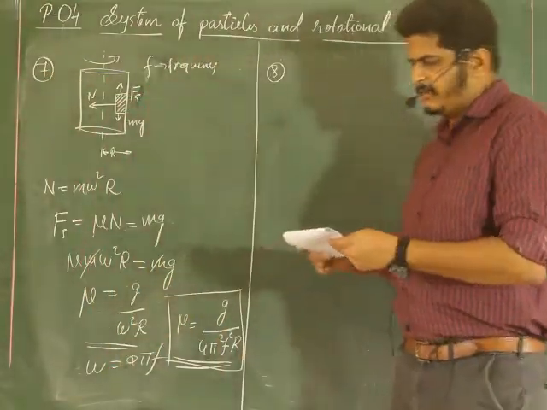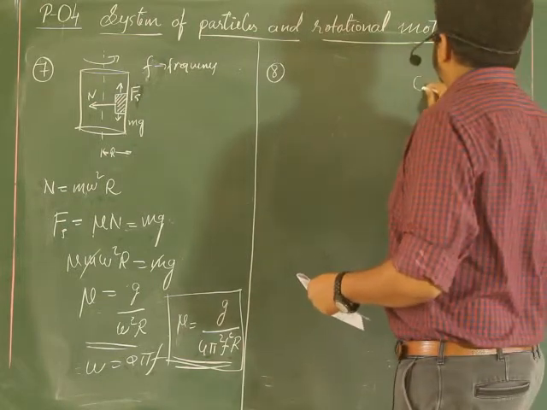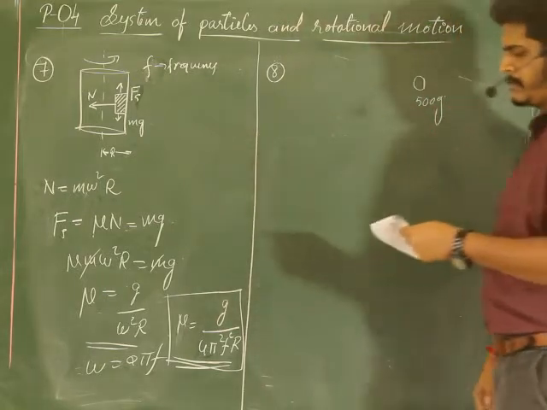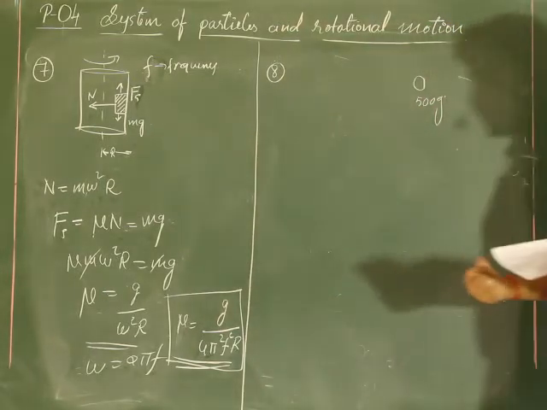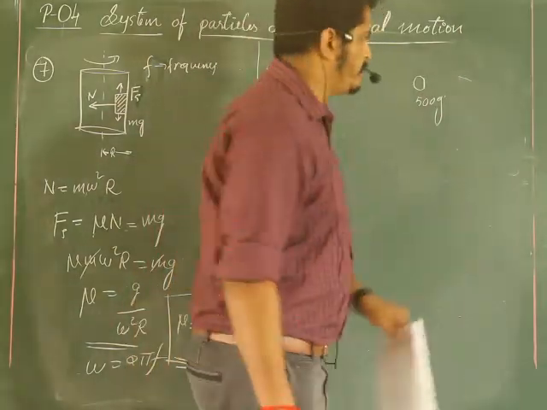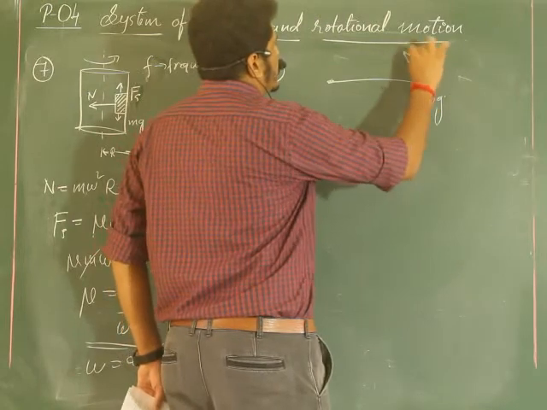Question number 8: a ball of mass 500 grams is tied to one string and revolved in a horizontal circle of radius 10 centimeter. String is there, it is revolved like this.